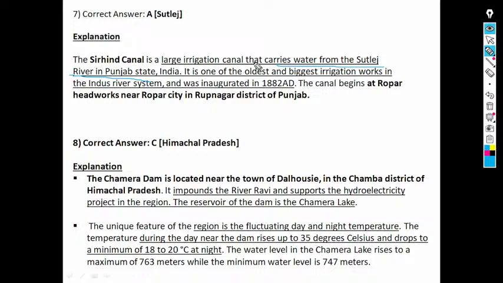It is one of the oldest and biggest irrigation works in the Indus River basin and was inaugurated in 1882.